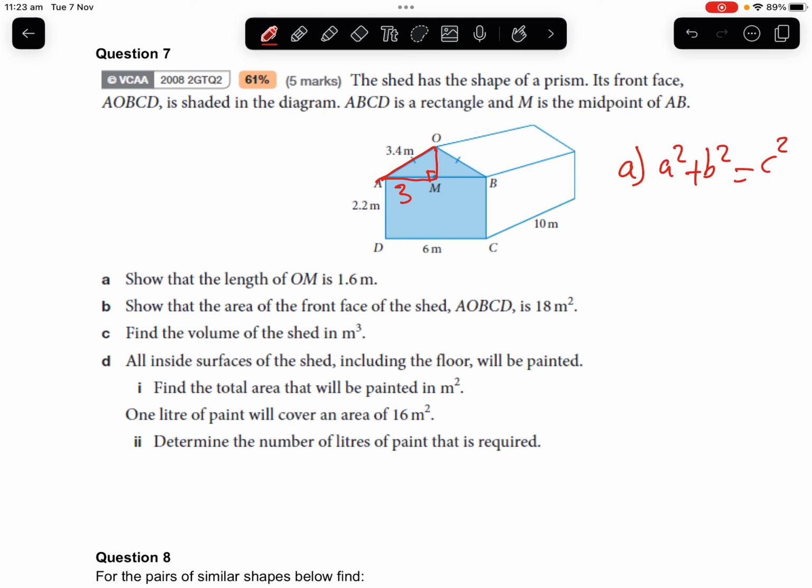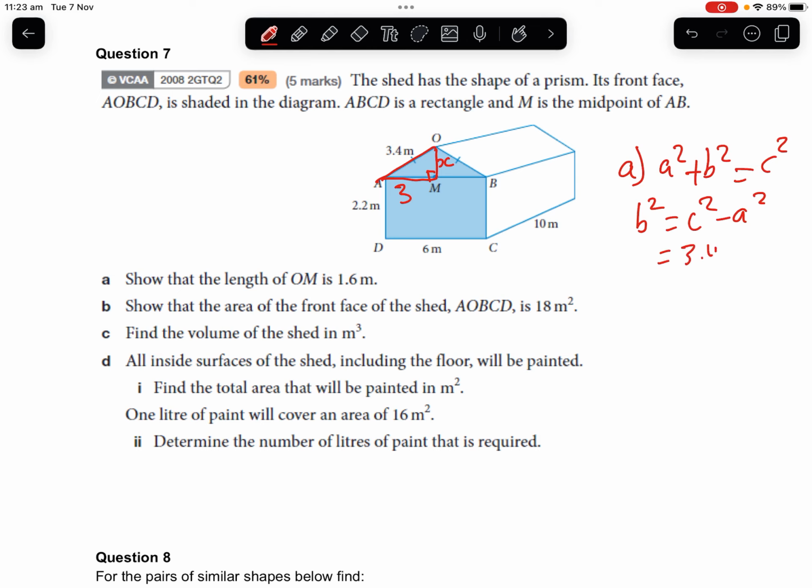Let A equal 3 and B equal the unknown, x for example. B squared is equal to C squared minus A squared.